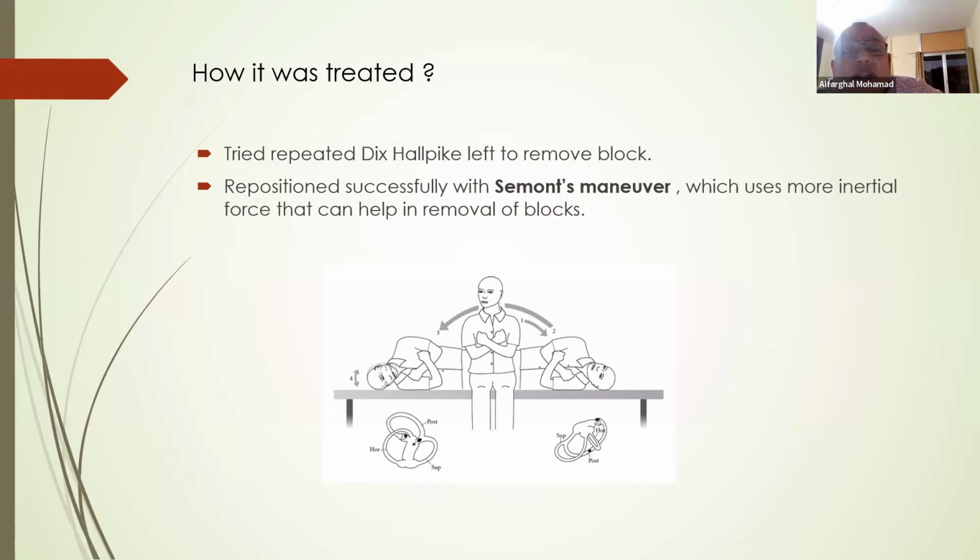I mentioned earlier that there are five to six possibilities for where the otoconia are present. For example, people think it's always on the canal side. No, otoconia can be on the utricular side, and they can present differently, and they can be resistant to the classical maneuvers. So you have to have some flexibility in how you precisely diagnose.